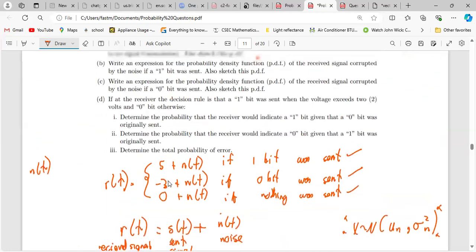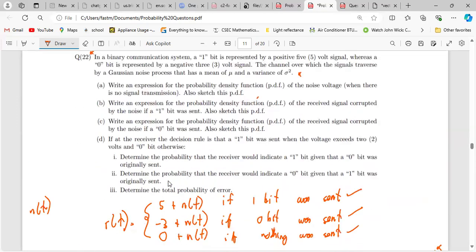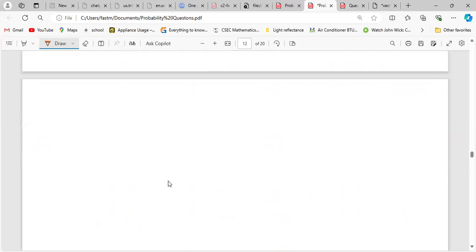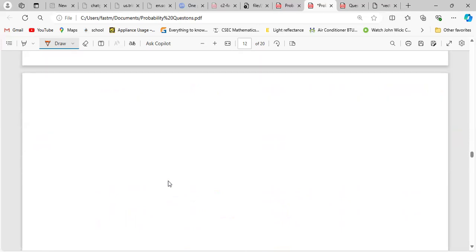Right, so part B now. Write an expression for the probability density function of the received signal corrupted by noise if a 1 bit was sent. So if a 1 bit was sent, R at T is equal to 5 plus noise.